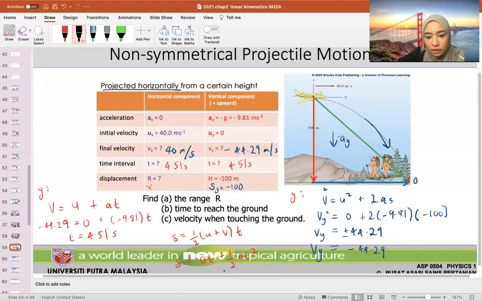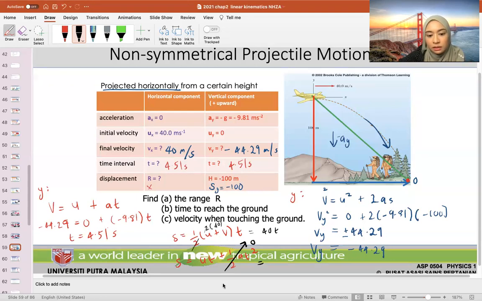I have my favorite too, although I don't remember which number it is. So our a is 0 here. u is 40. Time is 4.51. So I get S equals to ut, or r. And in this case, 1/2 (u plus v), our u is equal to v. So I have 2 times 40, because 40 plus 40 will cancel out.